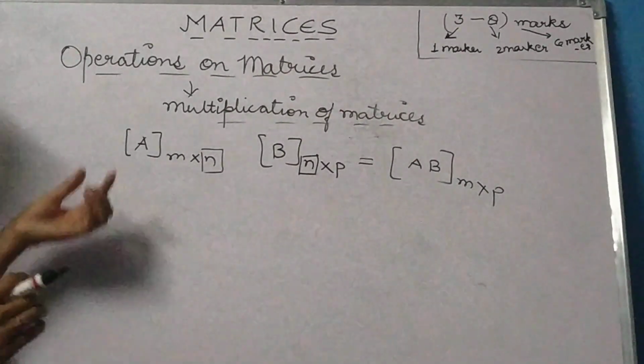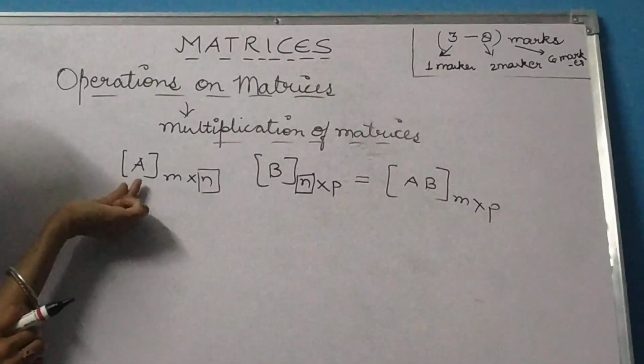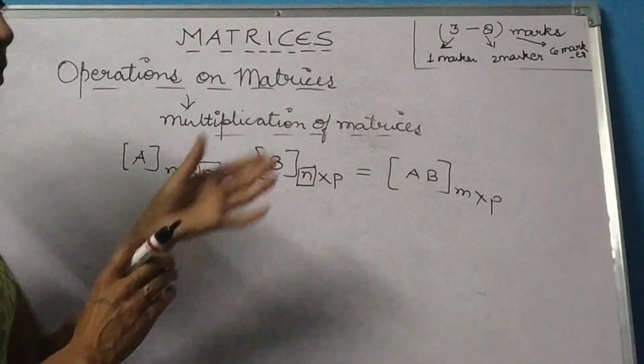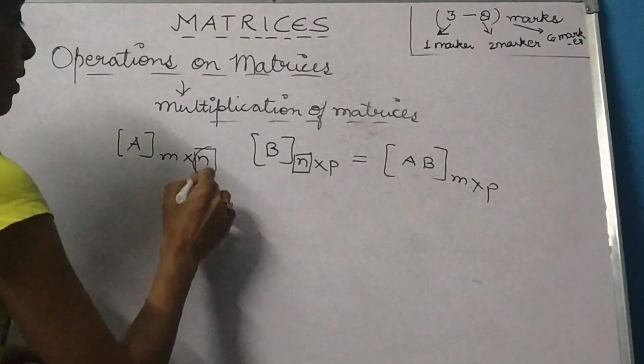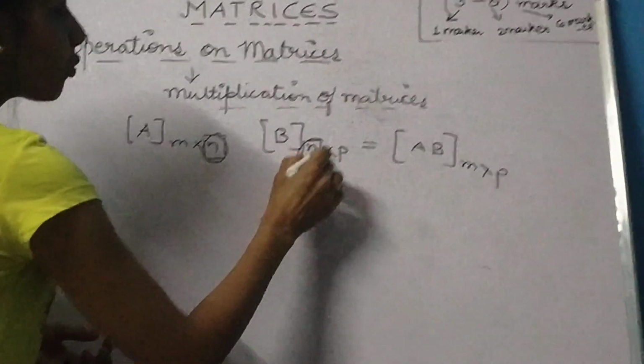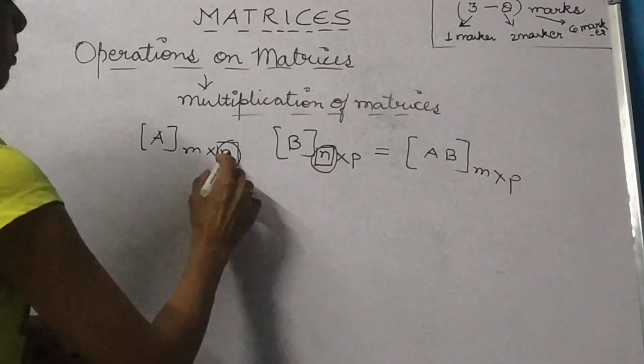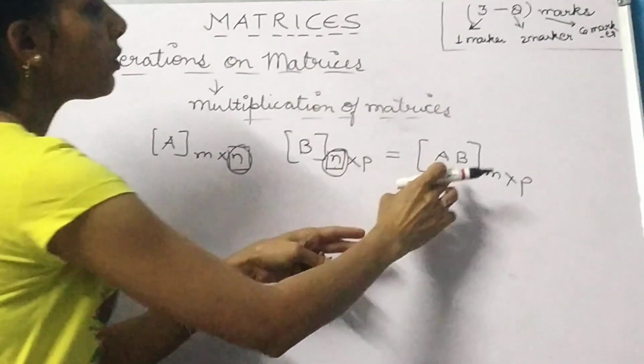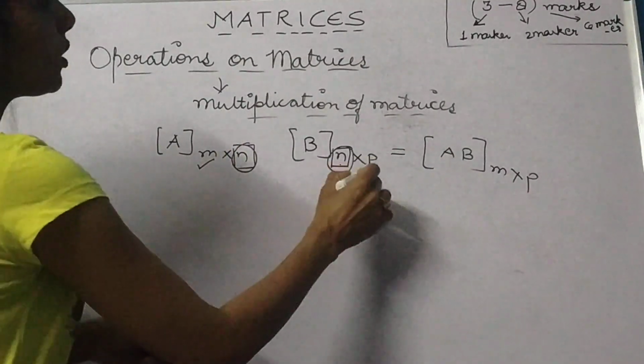That means if you have matrix of order m into n and another matrix of order n into p, the thing is that the column should be equal to row of the second matrix. That means if these two are equal, then the new matrix so formed will be of order m into p.